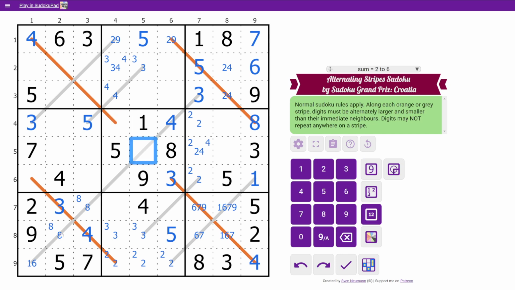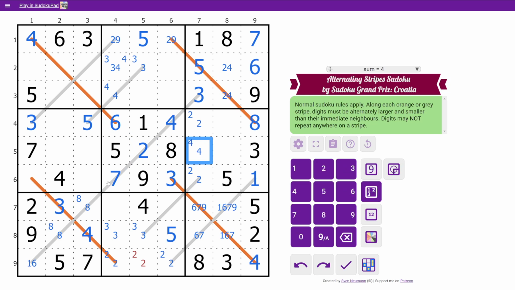A 5 can't go on the line, and a 9 can't go on the line. Every other number goes on the line. So the 7 has to go here. 7 goes there, which leaves a 2, 6. The 2 has to go on the line. It's up way over here, so it has to go there. That's the only spot for 4 now.